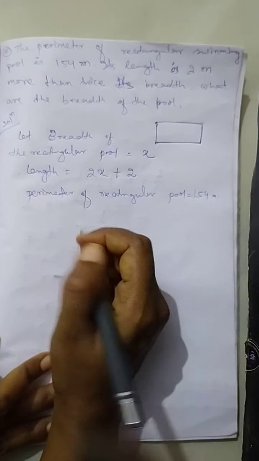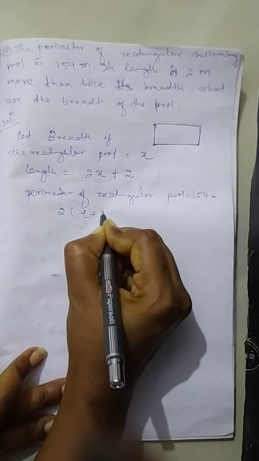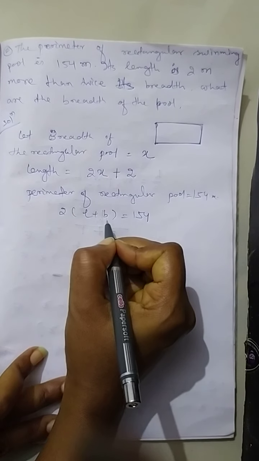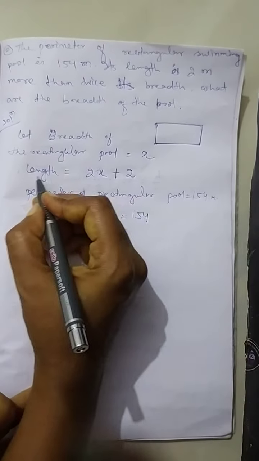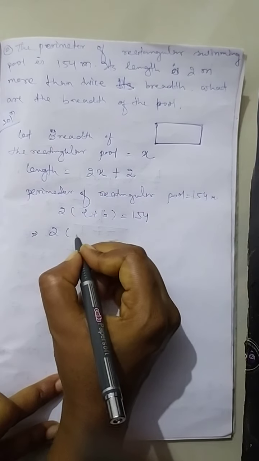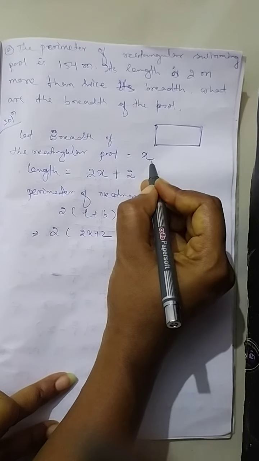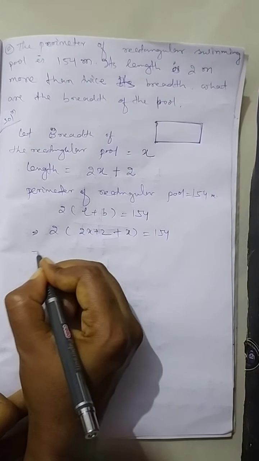Here L stands for length and B stands for breadth. So 2 into (length 2x plus 2, and breadth x) equal to 154 meter.